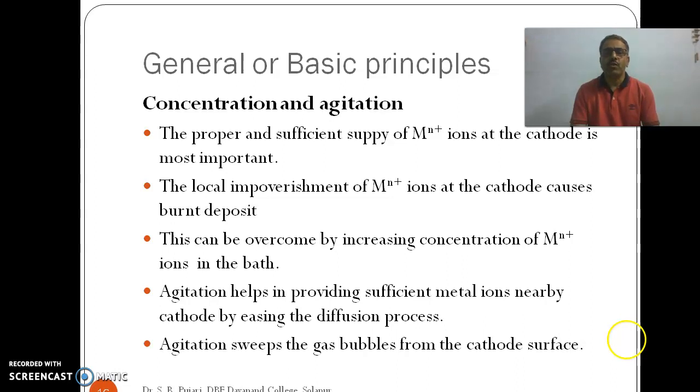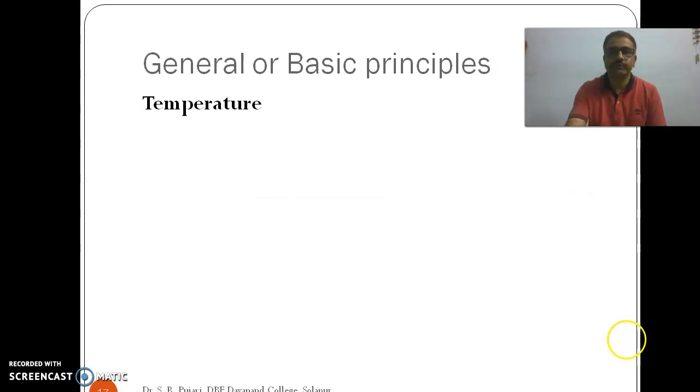In almost all electroplating processes, you will get hydrogen gas bubbles on the cathode surface. If that hydrogen gas bubble sticks on the cathode surface, then after the plating process, it may escape from the metal surface because of heating or atmospheric exposure. And if that happens, it may produce a spot, an area for corrosion. And therefore, agitation helps in both ways.